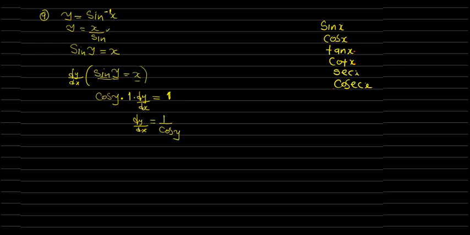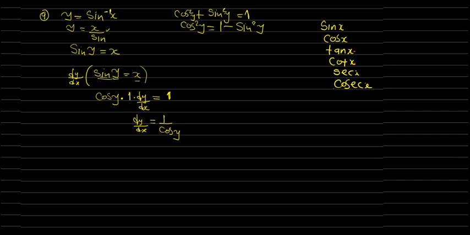Okay, so we have a famous identity, a very important identity. Whenever we have cos squared y plus sine squared y is equal to 1. So bringing sine squared y to the other side, cos squared y is equal to 1 minus sine squared y.